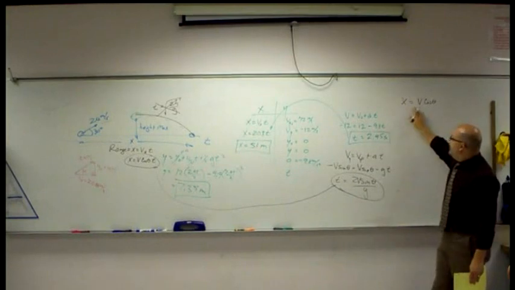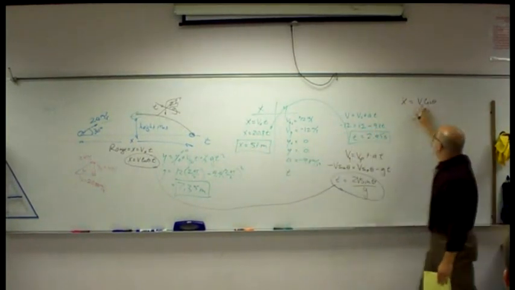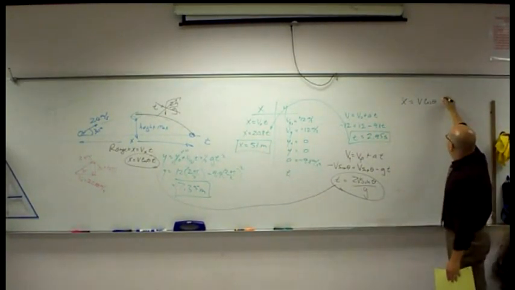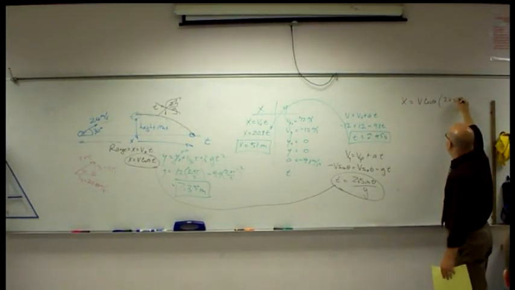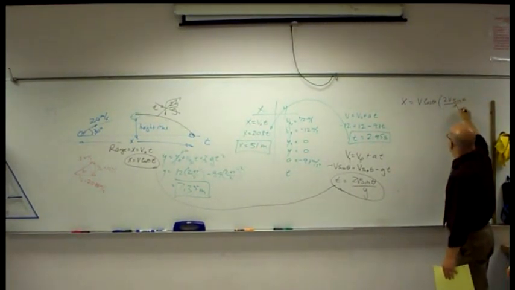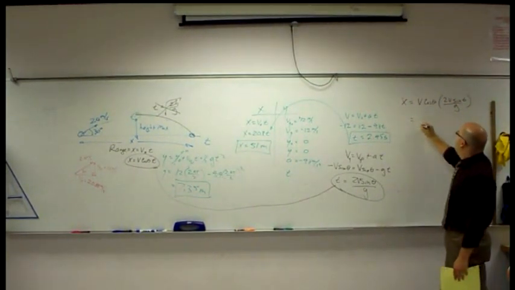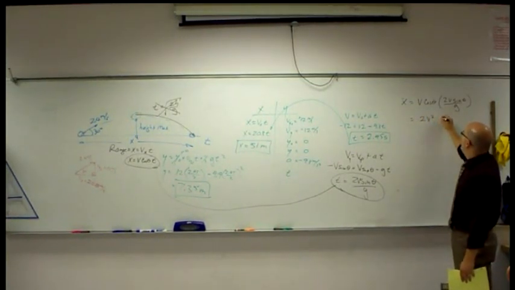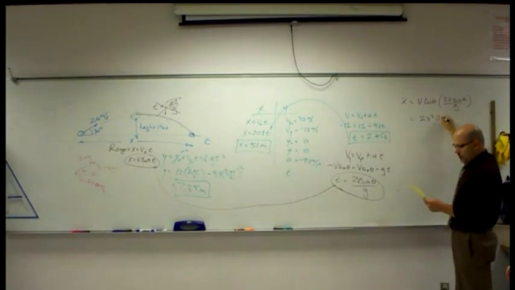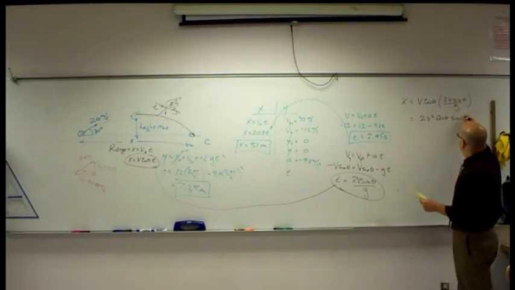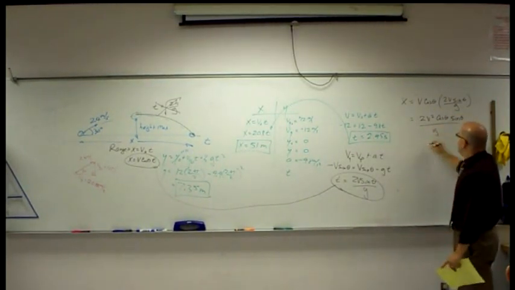All right, so that's that equation, but t is equal to this. So t is 2v sine theta over g. All right, that's the same as 2v squared cosine theta sine theta over g.